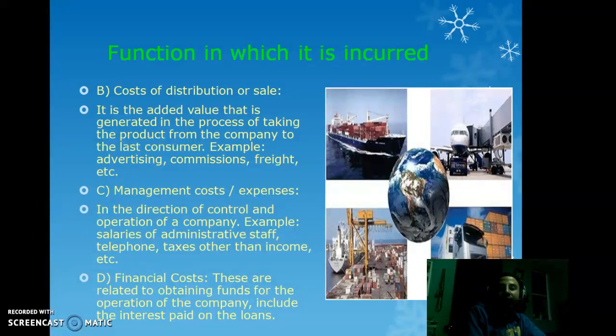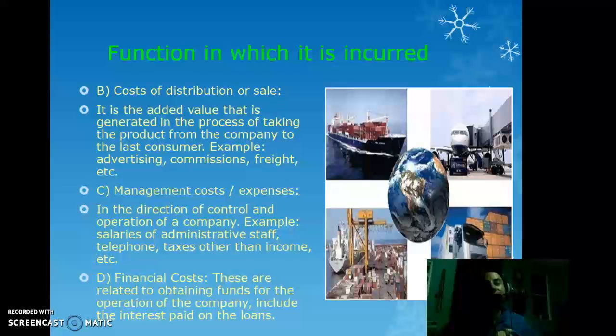In this we can find costs of distribution or sale, the added value that is generated in the process of taking the product from the company to the last consumer. Example, advertising, commissions, and freight, like I mentioned before.